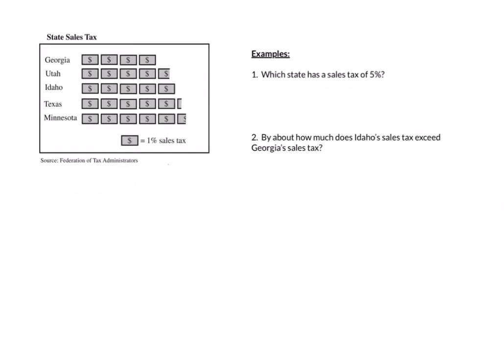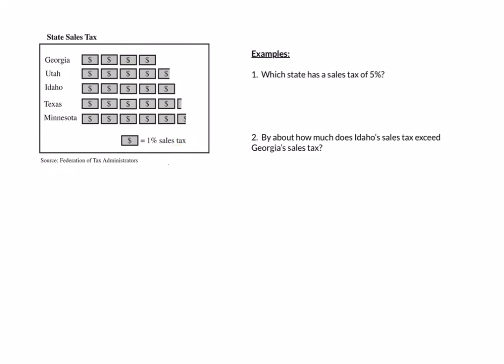So we're going to start with our pictographs. Note here that I'm going to point out a couple things. We have a symbol that we're going to use, and it's going to represent a certain quantity. So for instance here, each one of these little dollar bill symbols represents 1% sales tax. To figure out the sales tax for each state, you just have to add them.